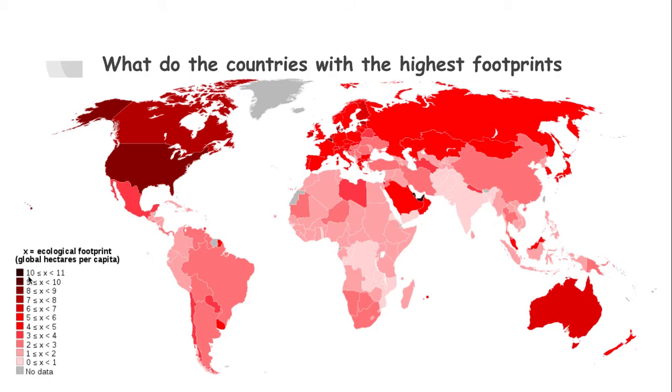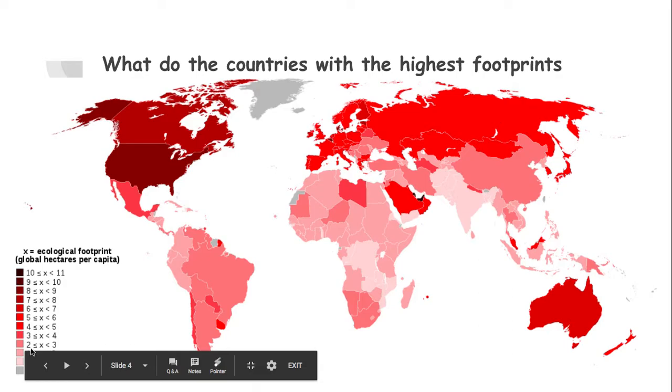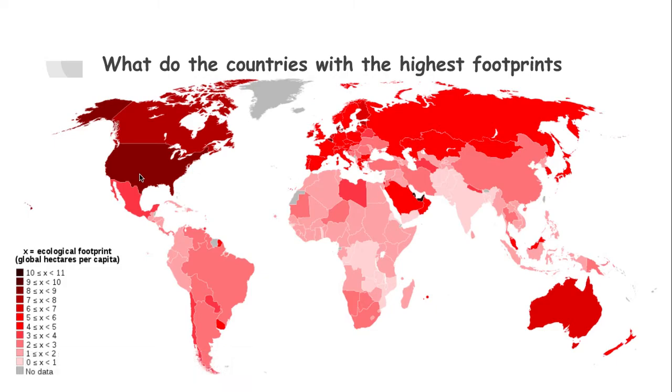Each person needs between 10 and 11 global hectares. And the lighter shades of red are smaller ecological footprints. Here in the United States, I think we're between 8 and 9, it looks like. In Europe, you require about 4 to 6 global hectares per person.